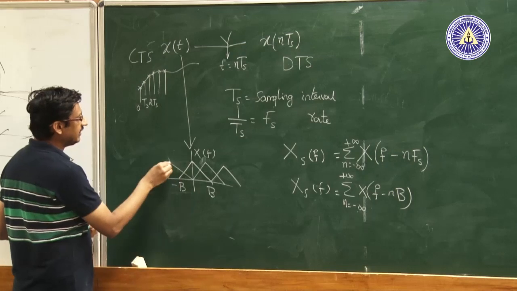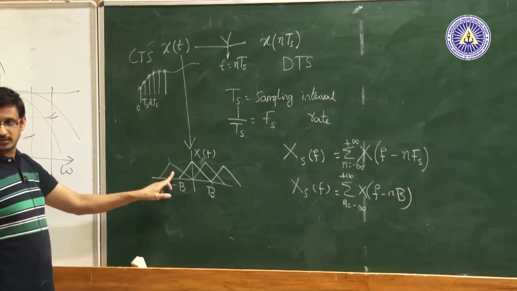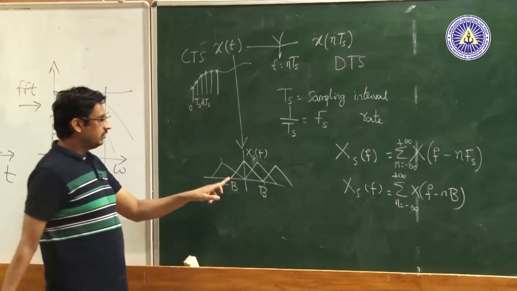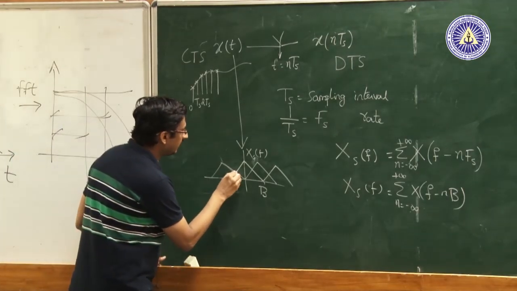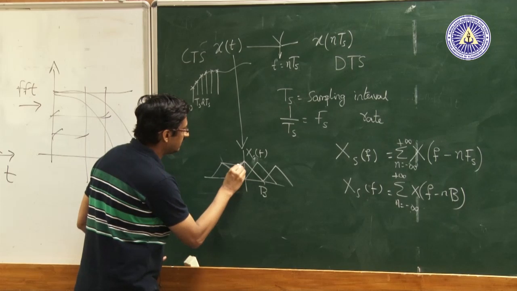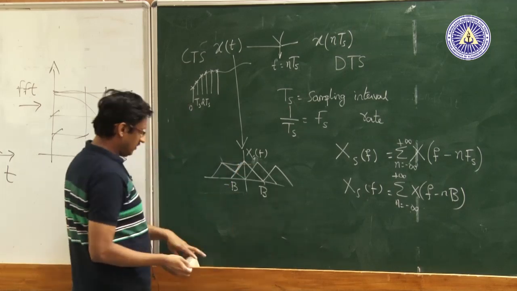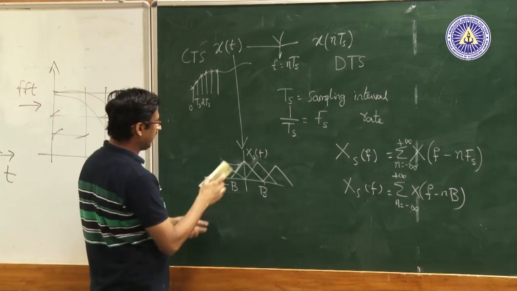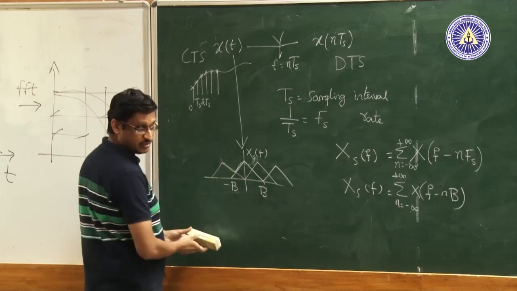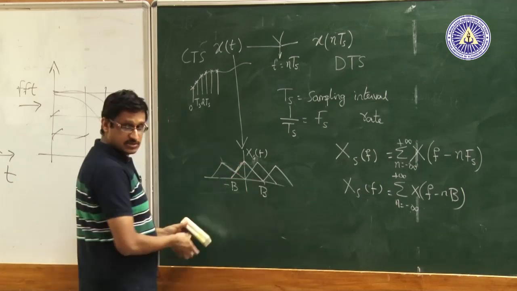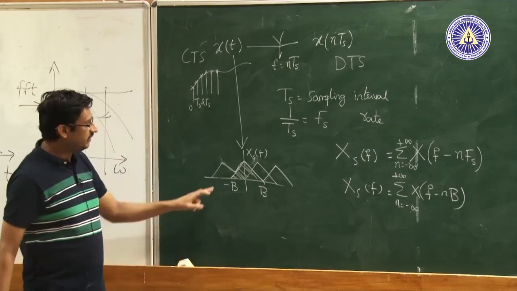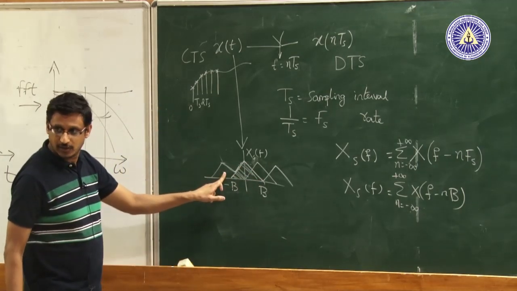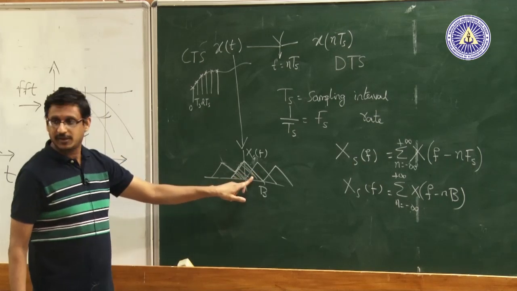In this case, you can clearly see that the sampled spectrum is getting distorted, because you will have to add up all these terms, and when you add them, they will essentially become a constant. That is not a really good spectrum, because the original spectrum which was present here has now been invaded by the spectrum from the lower side as well as the spectrum from the higher side.